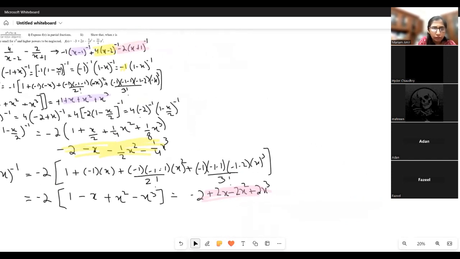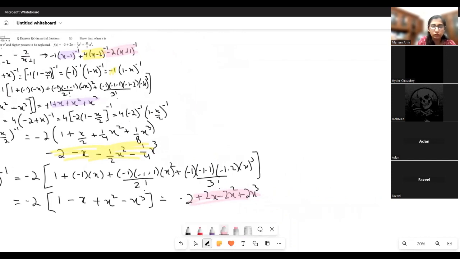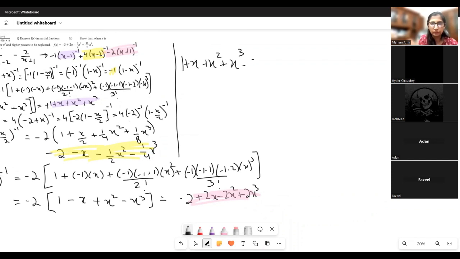So we have 1 plus x squared plus x cubed. Minus 2 minus x minus half x squared minus 1 by 4 x cubed.